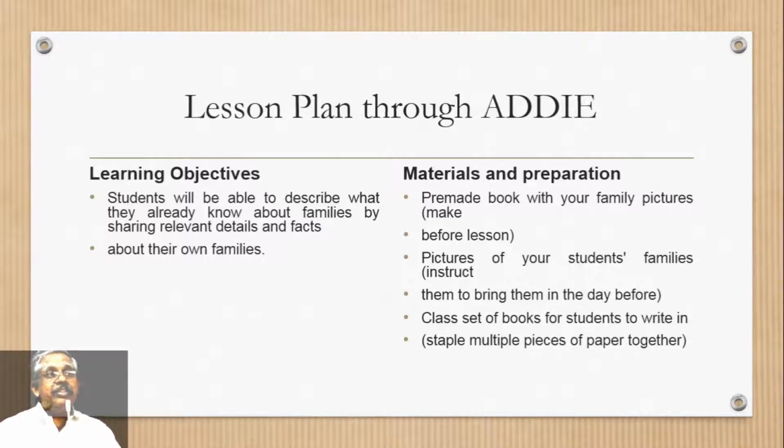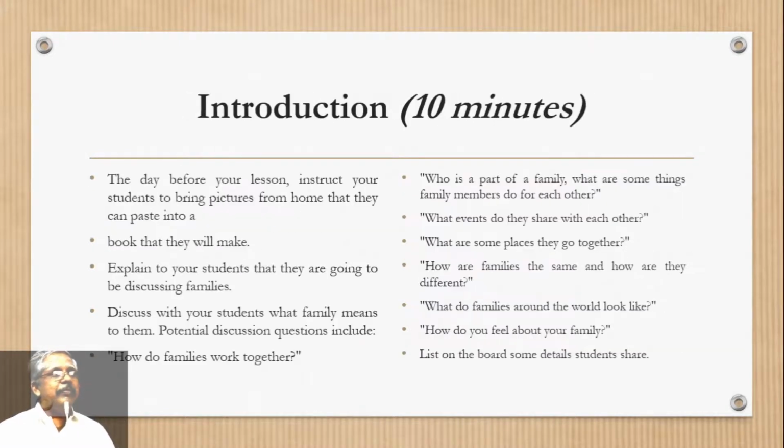A pre-made book with your family pictures will be made before the lesson. Pictures of your students' families, instruct them to bring in the day before. A class set of books for students to write in, and staple multiple pieces of paper together.